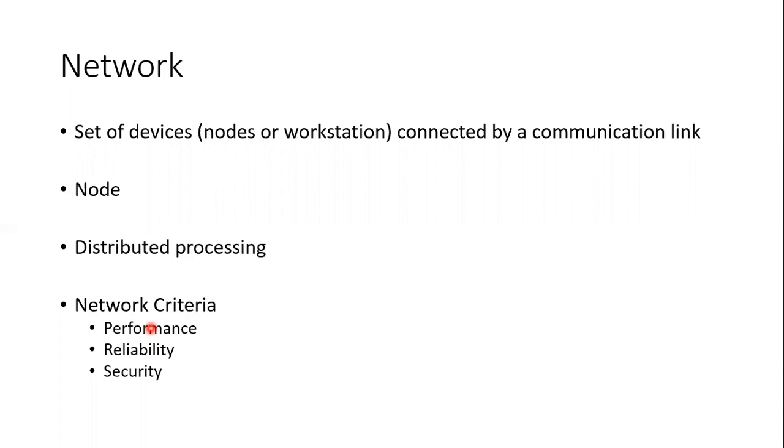It includes the transit and the response time. So what is transit time? The transit time is the amount of time required for a message to travel from one device to another. That is the time taken to travel the message from one station to another. Then response time is the elapsed time between an inquiry and a response.